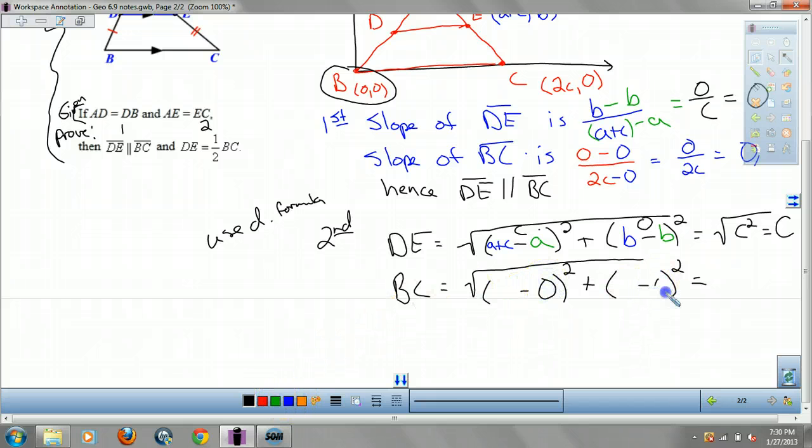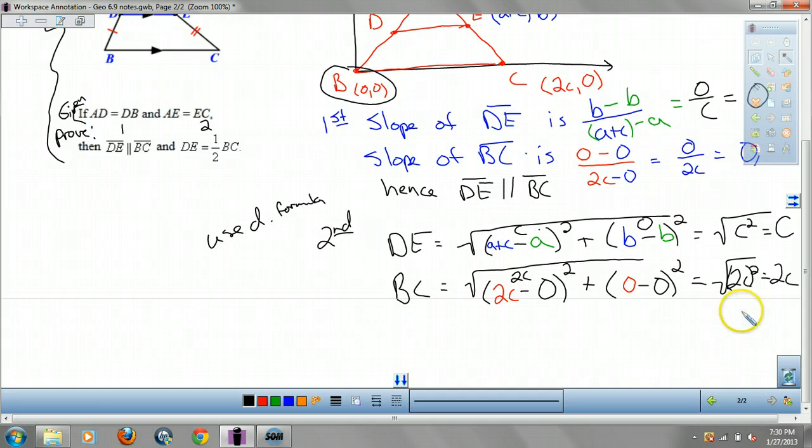I'm going to put my X, put my Y for B. Now for C, I'm going to put in my X, then my Y. So we end up with 2C here. So we get square root of 2C squared, which is 2C.